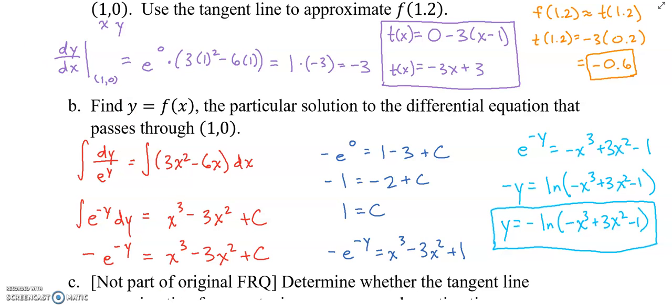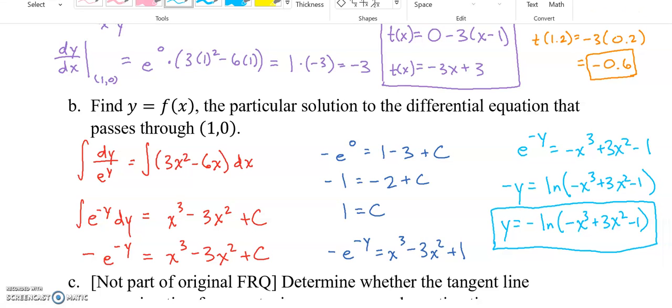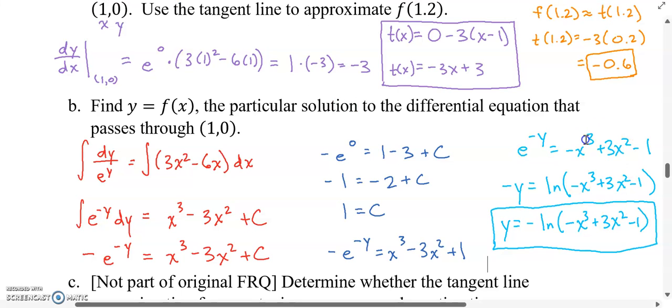Now, another question they could have asked after this is, well, if we have approximated f of 1 as negative 0.6, we could ask the question: is that approximation too big or too small?